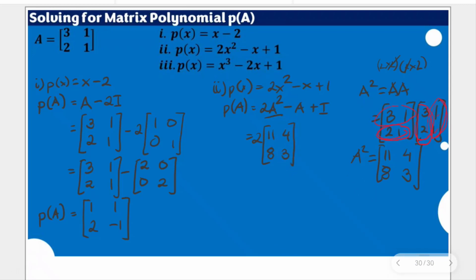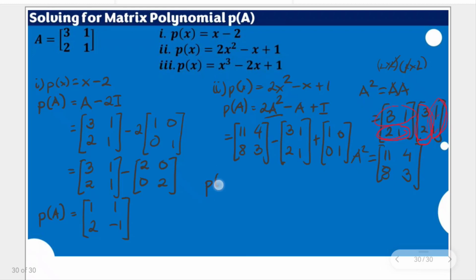Let me do it again so that we'll have enough space here because we still have minus A and plus I. So you'll have here 11, 4, 8, and 3 minus A, the original matrix, 3, 1, 2, 1, plus the identity in a 2 by 2 matrix, 1, 0, 0, 1.